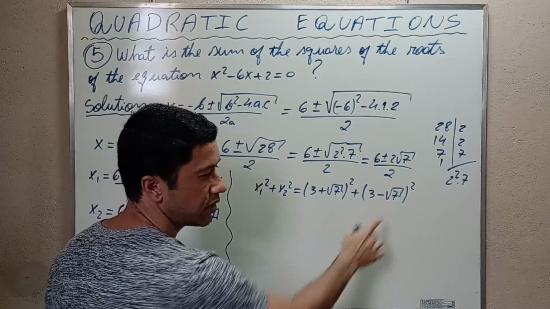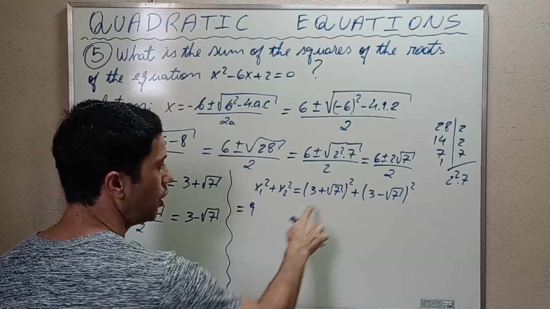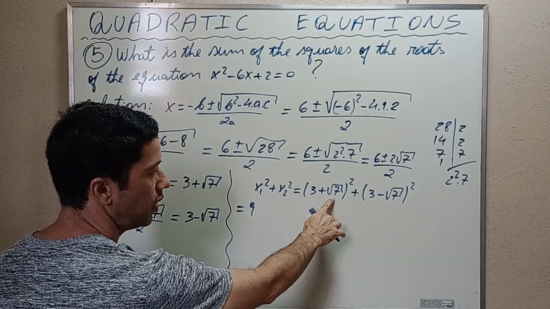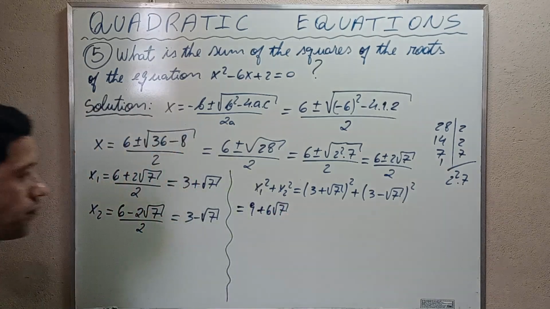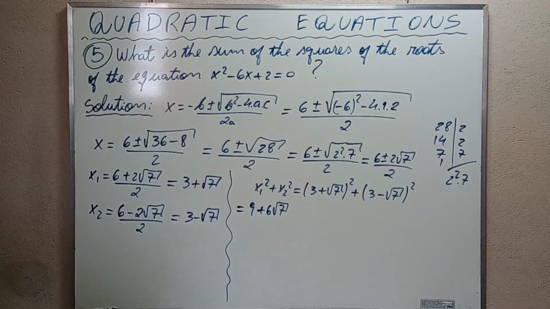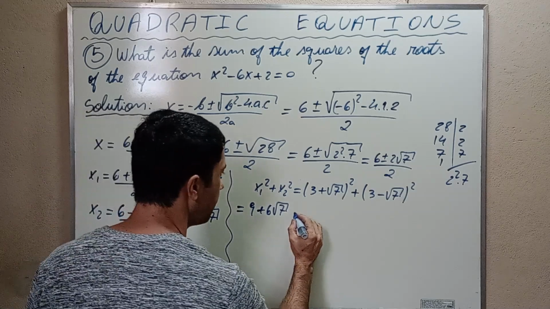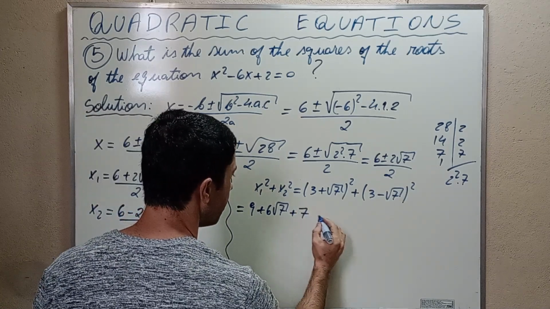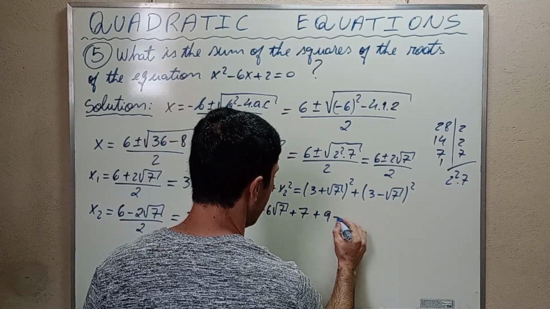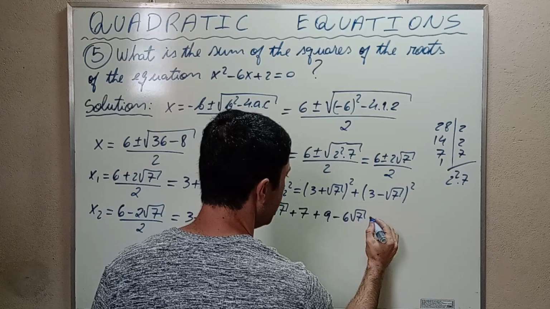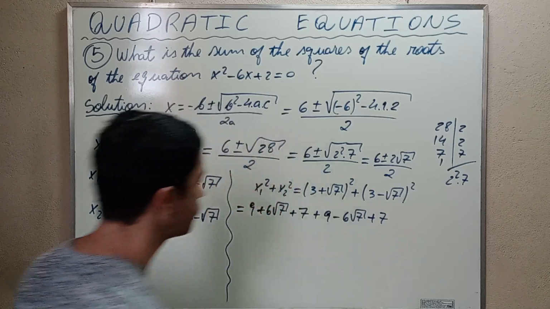Developing these products here, we find 3 squared is 9, plus 2 times this, 6 times the square root of 7, plus the square root of 7 squared, which is 7, plus 3 squared is 9, minus 6 times the square root of 7, plus the square root of 7 squared is 7.